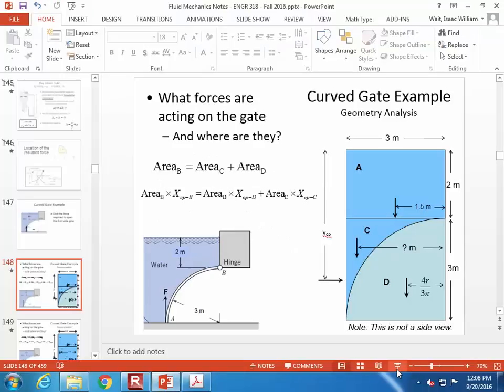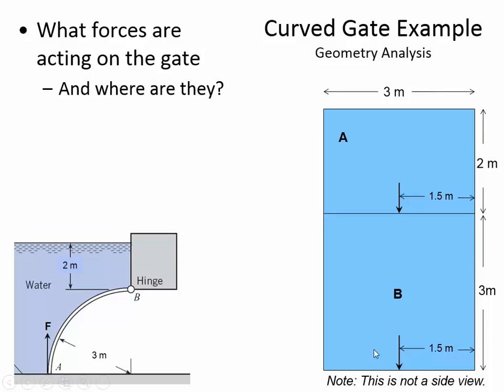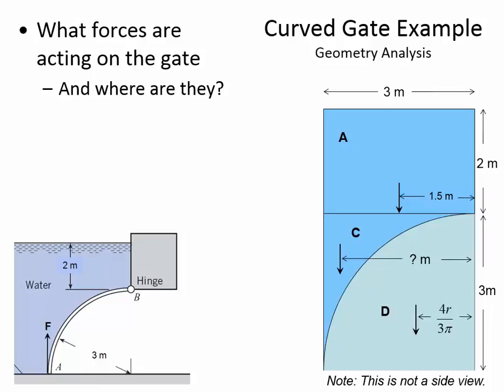This is a tricky one, but again, just to repeat it, we know that if there was water in all of B, the force would be 1.5 meters from the edge, if it was full of water. But it's not. And so this resultant force here is going to have two components. It's going to have the component of where the water isn't, and we know the formula for the XCP of that. We don't know how far from the edge it is to where the water is located.